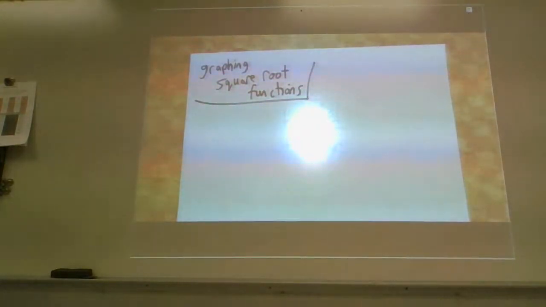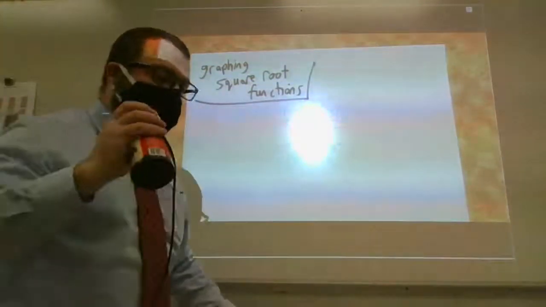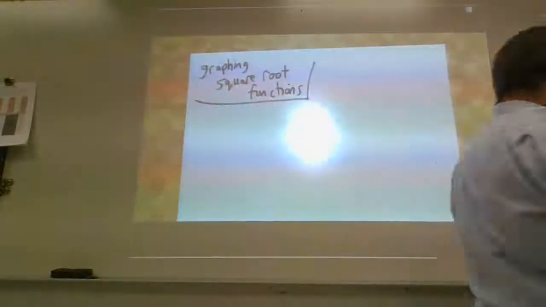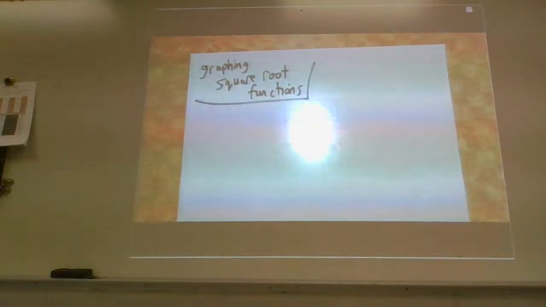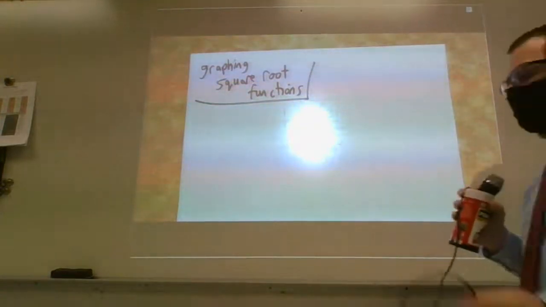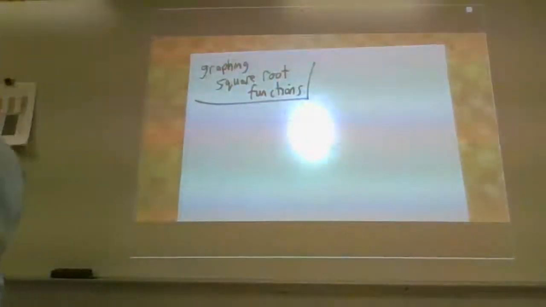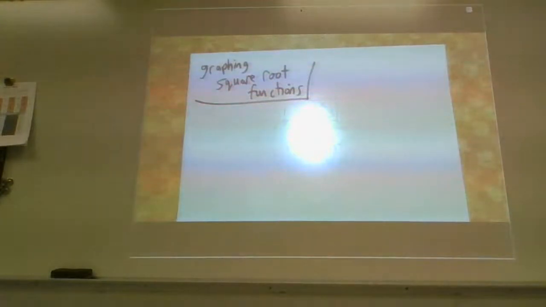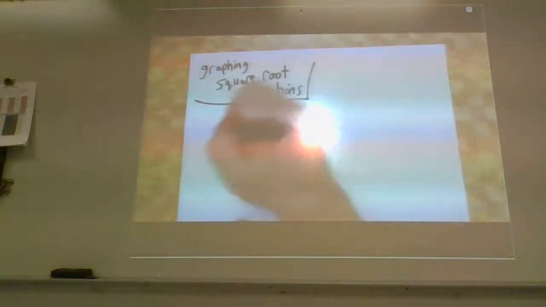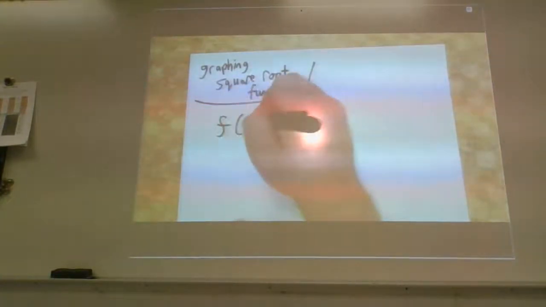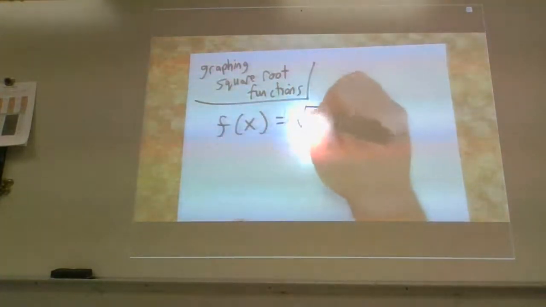Before the end of this chapter, which the rest of will actually be taught after midterms, we will be solving some higher level square root equations. But right now, it's just baby steps until we get there. Let's talk about the function, the square root of x.